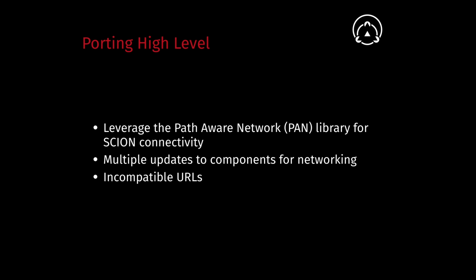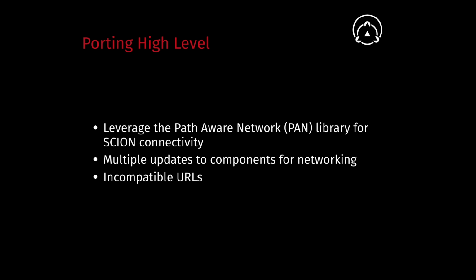And then just having to update multiple components for networking was a given for a distributed system like this, which message buses almost always are. So that was going to have to be accounted for as I went forward.